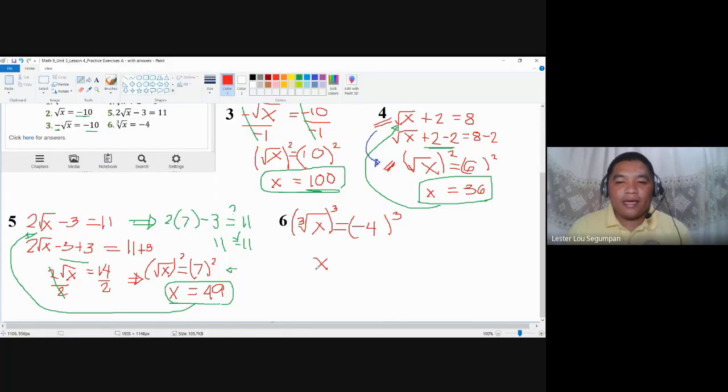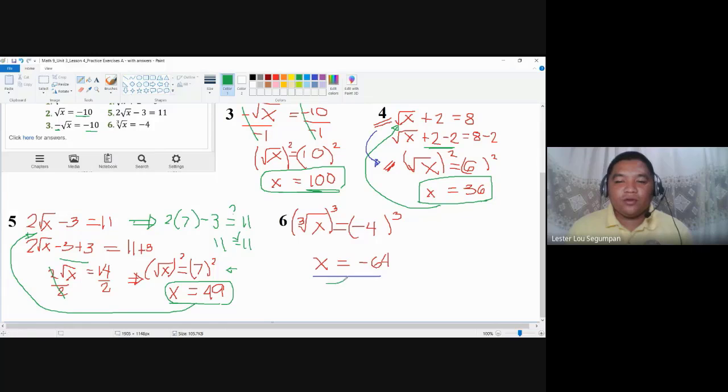So this would become x, because again, that would become 3/3 or 1, is equal to the cube of negative 4, which is negative 4 times negative 4, positive 16, times negative 4, we have negative 64. And then let's try to check. Take note that this is a cube root.